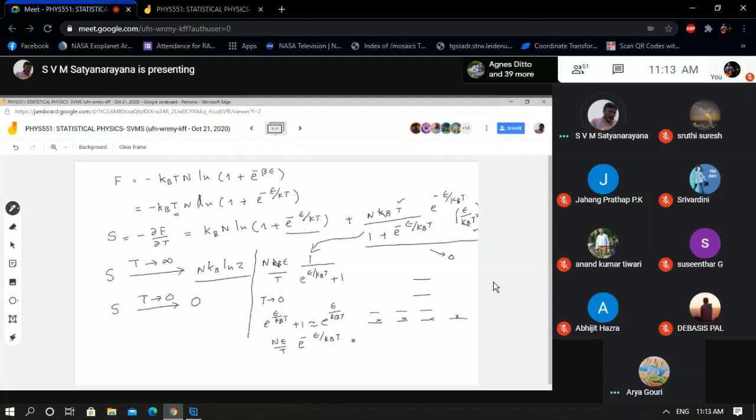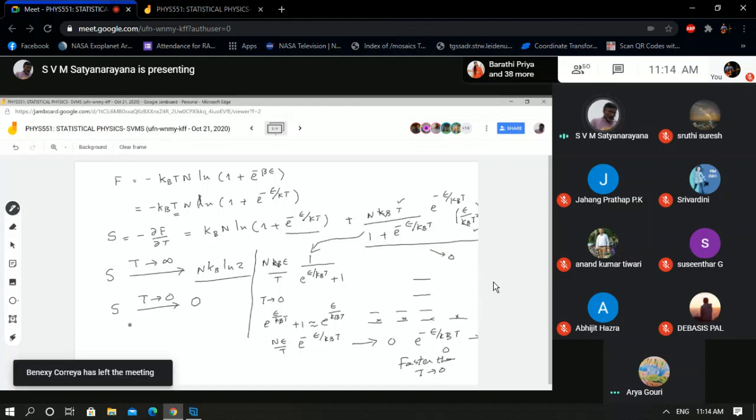This exponentially goes to 0, whereas this goes to 0 only as t. So this overall will go to 0, because e to the minus epsilon by kbt goes to 0 faster than t goes to 0. So overall this term also will go to 0, and hence this limiting case is correct.